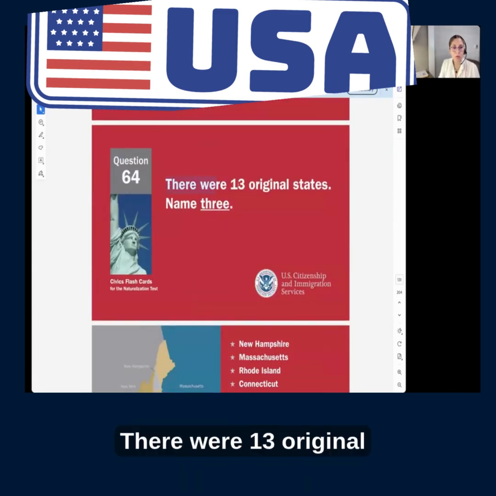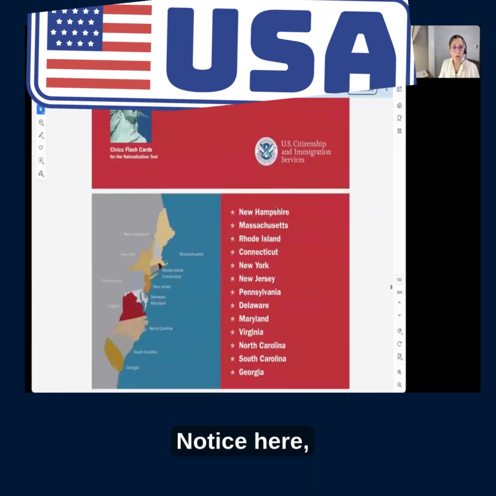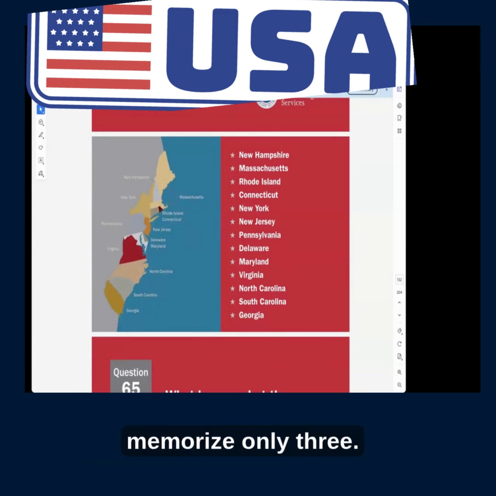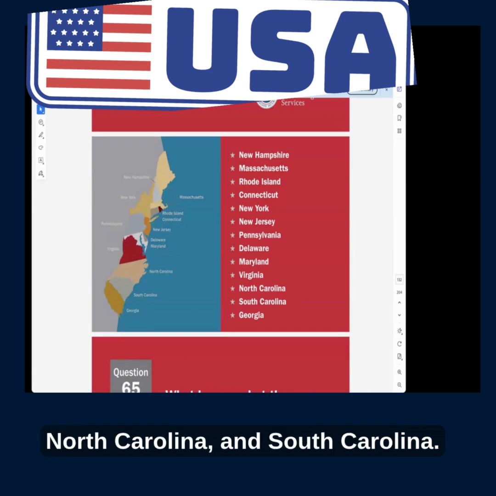64. There were 13 original states. Name 3. Notice here, we have all of the different states, and you need to memorize only 3. So we have New Hampshire, Massachusetts, Rhode Island, Connecticut, New York, New Jersey, Pennsylvania, Delaware, Maryland, Virginia, North Carolina, and South Carolina.